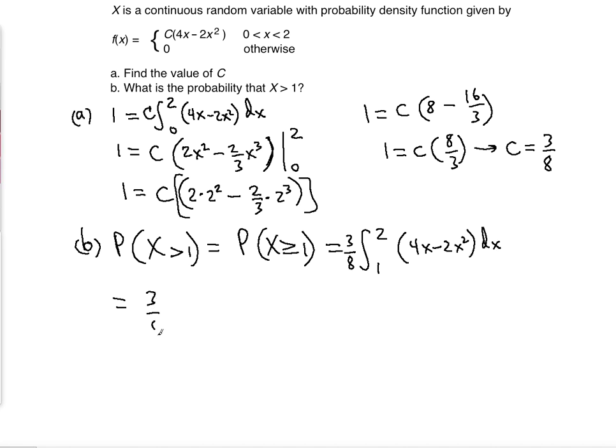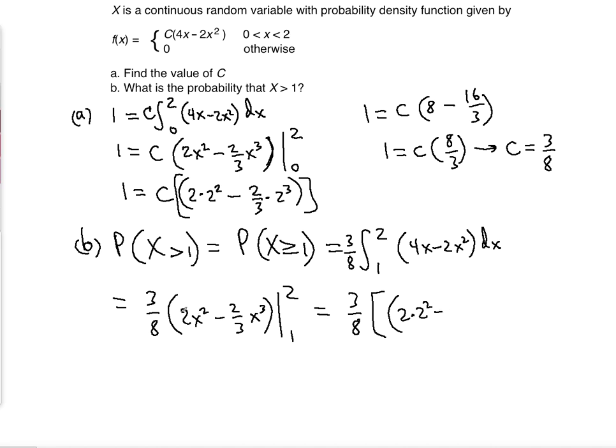Now I'm going to take a shortcut because we already found the antiderivative. I'm just going to copy this part: 2x squared minus 2 thirds x to the third, evaluated from 1 to 2 this time. Then I'm going to have 3/8, and now this is tricky. We can't disregard the 1 because it's not 0 anymore, so we have to do 2 computations. 2 times the upper limit, 2 squared, minus 2 times 1 squared, which is just 1.